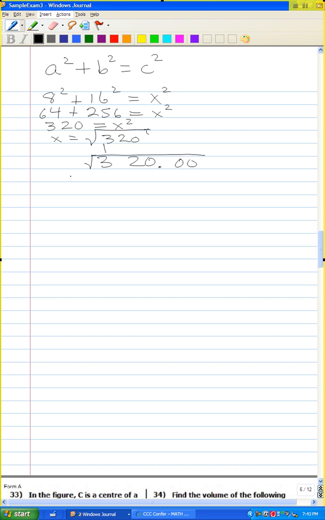1 times 1 is 1. 3 minus 1 is 2. Drop down to 20. 1 times 2 is 2. And so I guess I'll need a 7. 27 times 7 is 189.